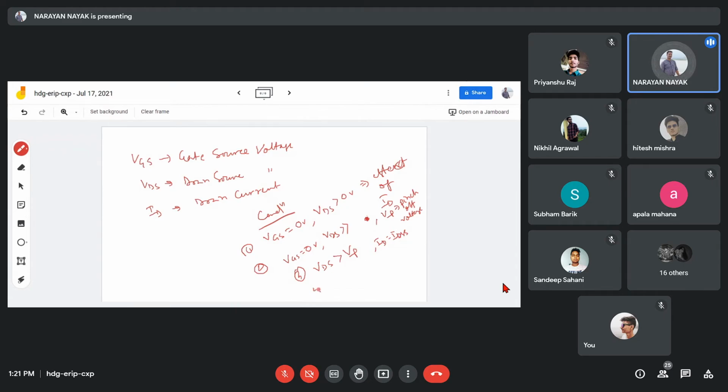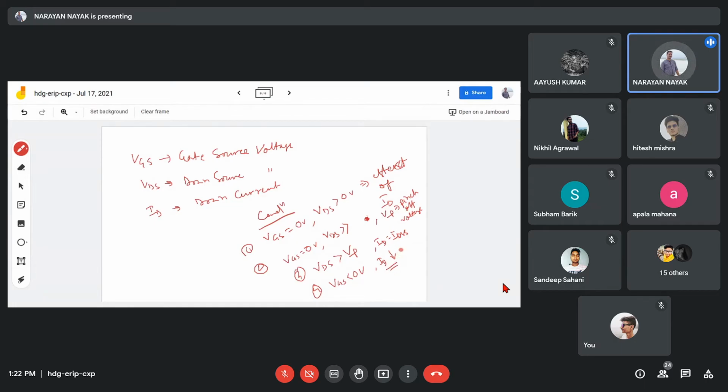Clear? And the fourth one is that if VGS is less than 0 volt. Previously VGS was 0 volt in the second condition, and in the third condition VGS was 0 volt and the drain source voltage was greater than VP. Now in the fourth condition, if VGS is less than 0 volt, the drain current is reduced.